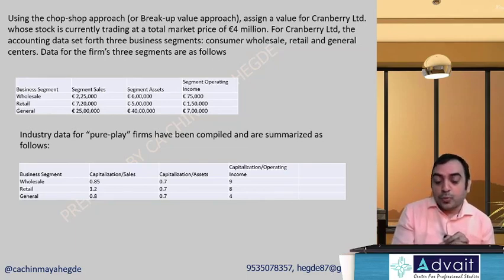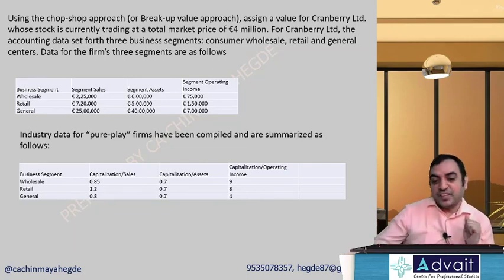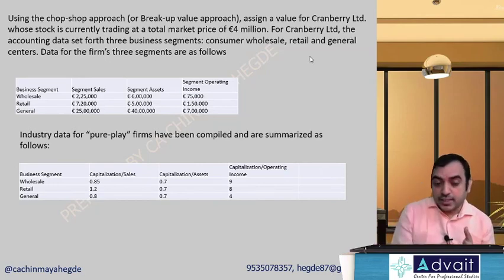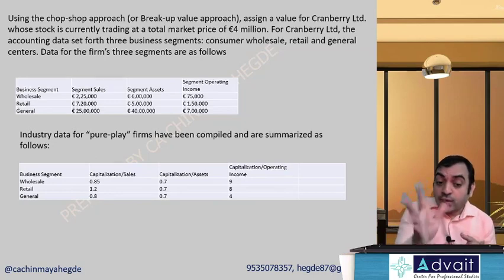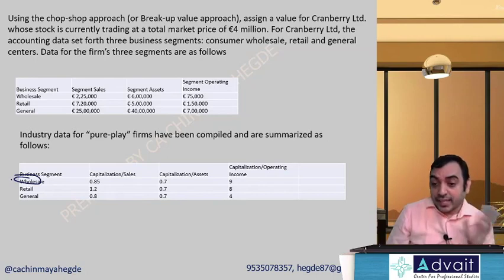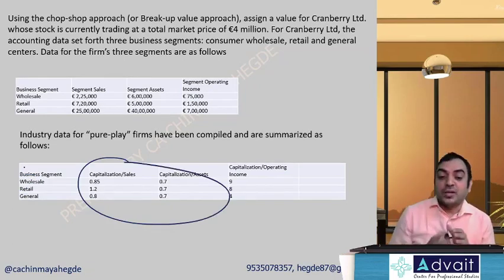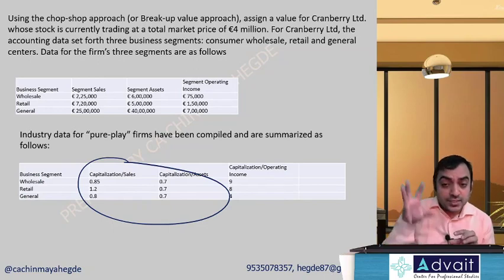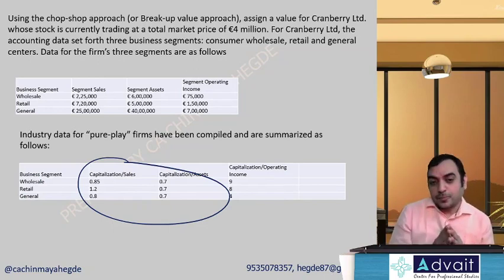What is a pure play firm? Okay, be specific like this. A pure play firm means a company is into only one business: only wholesale, only retail, or only general business. Then these are the ratios applicable for those companies. Pure play firms means a company with a single sector. Ratios are given.